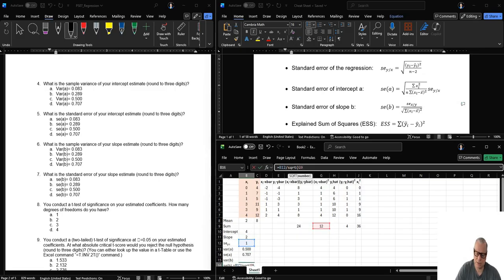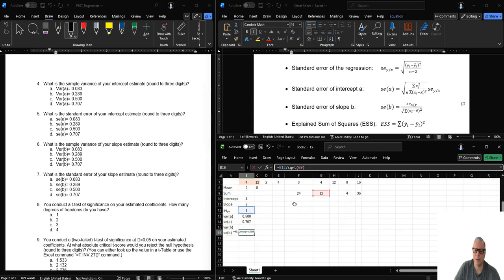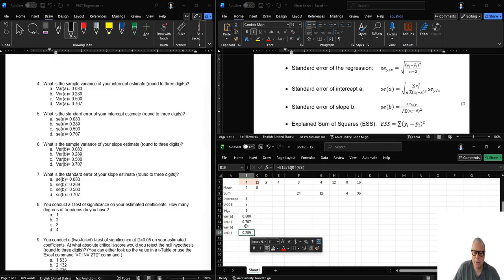So let's click into the cell with the 12. And there we get a standard error of 2.89. So the variance of B must be the standard error squared.